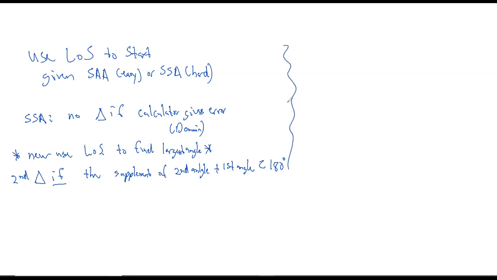Okay. For law of cosines, we use the law of cosines for side angle side or side side side. And the distinction between side side angle and side angle side, I said that this was a corner of info.